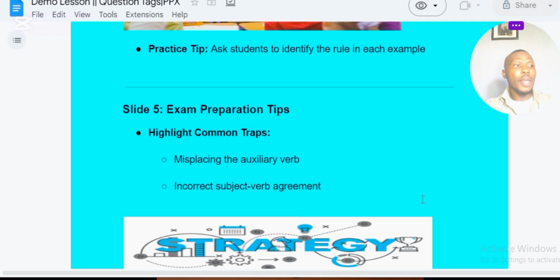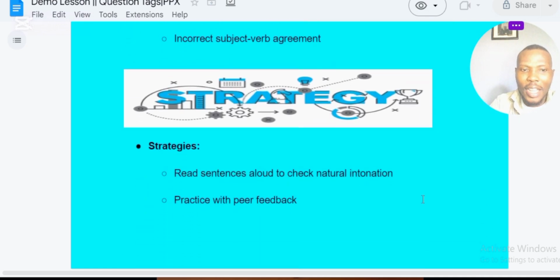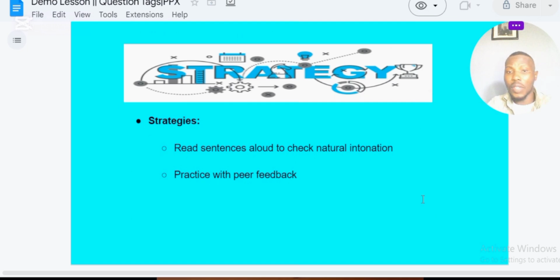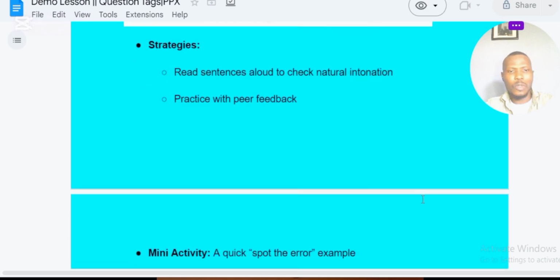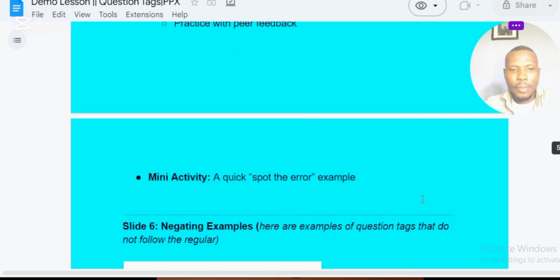For example, "there is"; no, that's incorrect because "there" is plural, but "is" is singular. Isn't that so, Jim? That's a good one. Now, we also have strategies for learning. Of course, I'll give you practical feedback as you learn this topic, and then read sentences aloud to check natural intonation. You have to read your sentences to be sure of the intonation, so you know, oh, this is the question, this will be the tone.